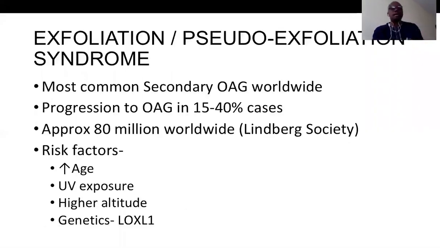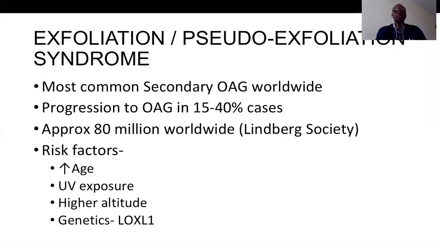Now, coming to specifically talk about the different types, we pick first of all the exfoliation or pseudo-exfoliation syndrome and glaucoma. This is the most common secondary open angle glaucoma worldwide, and in up to 15 to 40% of cases, it usually progresses to open angle glaucoma.